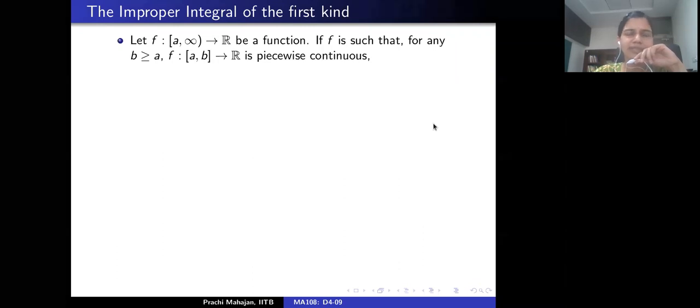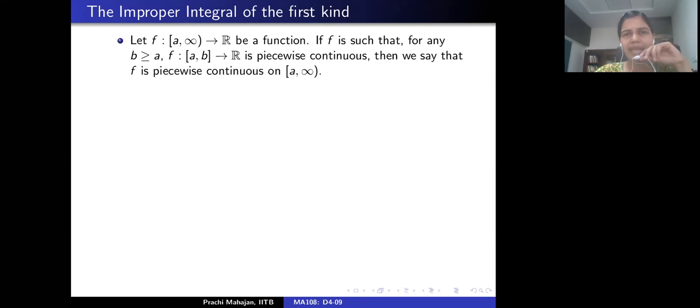So the function is defined to the right of A. This is a real valued function. Suppose f is piecewise continuous on the interval AB for every b bigger than a. Then this is the definition: we say that f is piecewise continuous on the interval a to infinity.